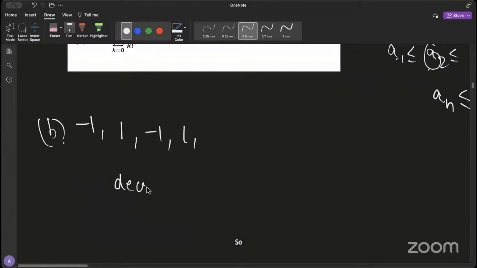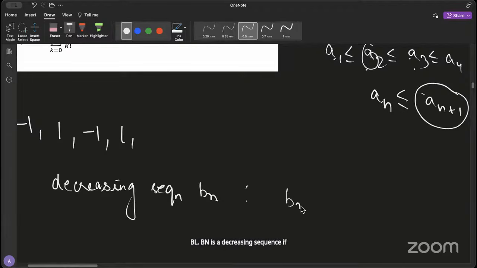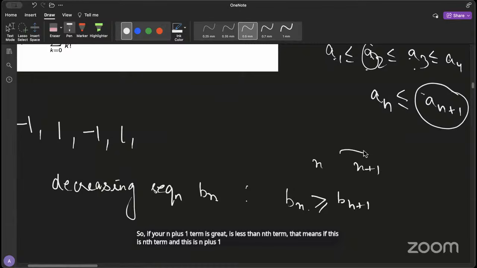So for a decreasing sequence it is this. I'll also write the definition of a decreasing sequence. b_n is a decreasing sequence if b_n is greater than b_(n+1). So this is the (n+1)th term. This is the nth term. If this is the nth term and this is the (n+1)th term, the next term, right?